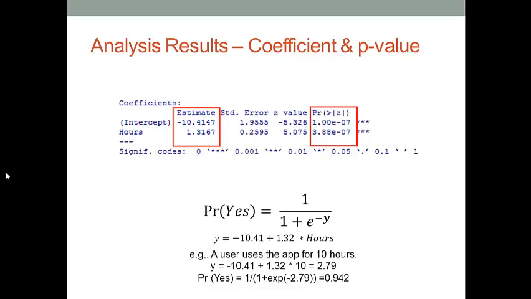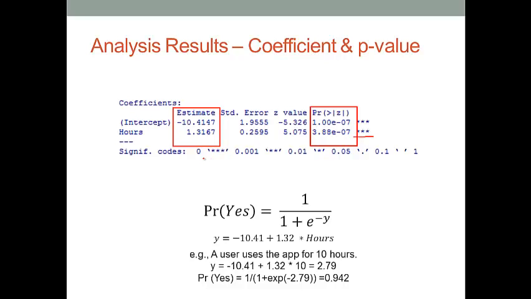So let's take a look at the p-value. The p-value for hours is 3.88 times e with the power of -7. This is actually a very small number. As you can see, next to this number, we have 3 stars, right?